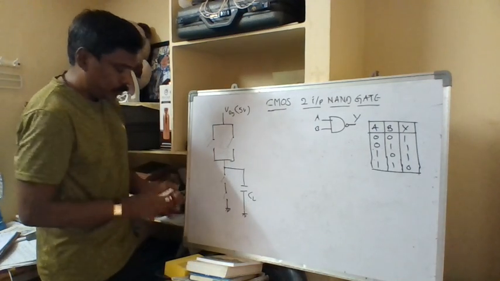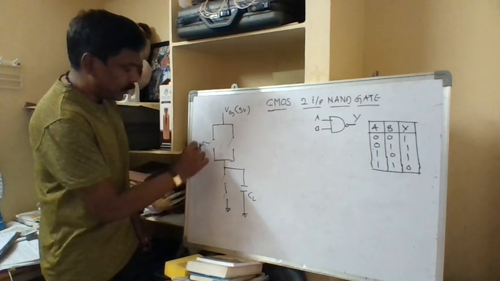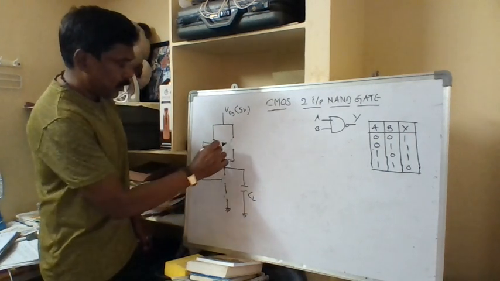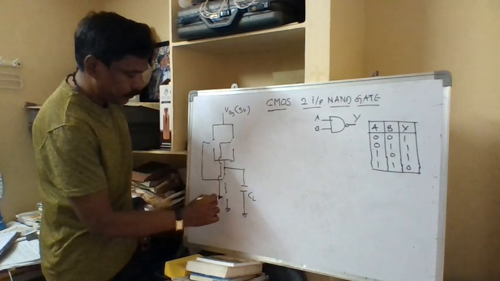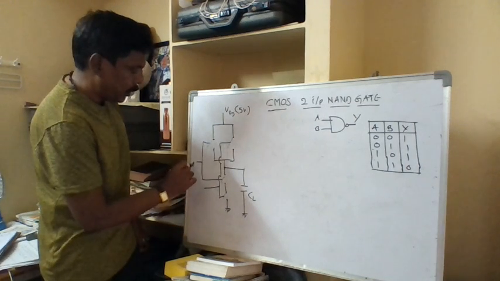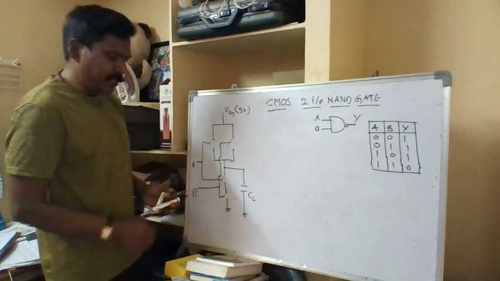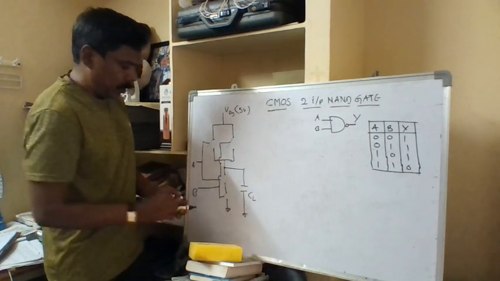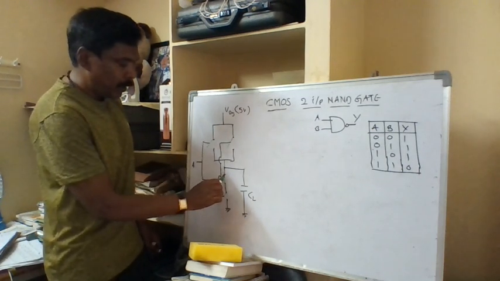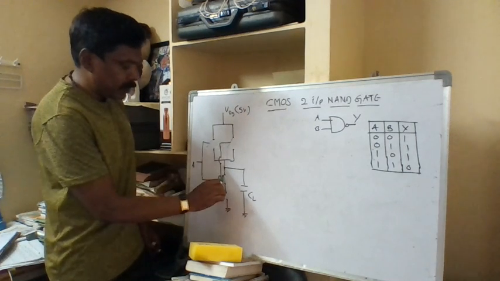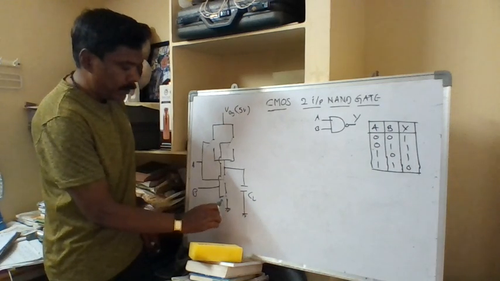The gates, the control inputs of these two switches, are connected to a single input, as in the case of the inverter, and I'll call it A. This is B. Again we need a mechanism such that if the top switch in the pull-up network is closed, the corresponding switch in the pull-down network has to be open, and if the top one is open, the corresponding switch in the pull-down has to be closed.